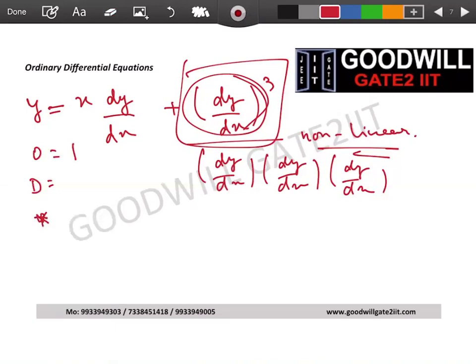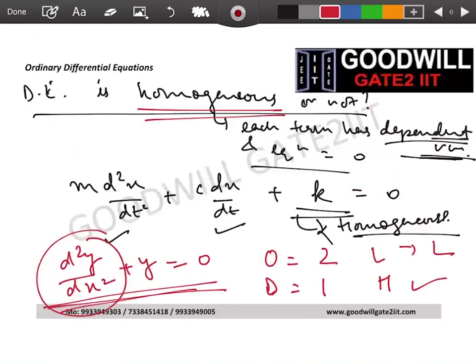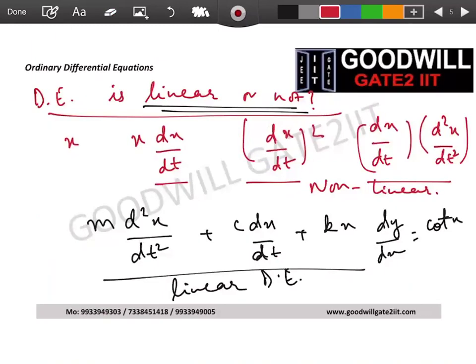So, linear and non-linear. As I have told you here as well, linear means no term has multiplication of the dependent variable or its derivative. If x is your dependent variable and you have a term like x square, it is non-linear.